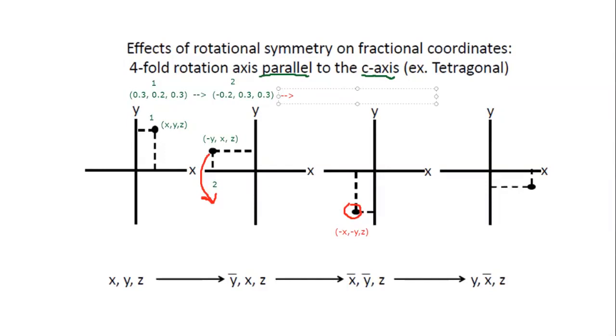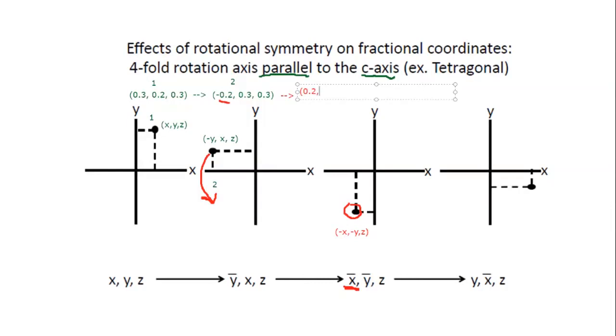Here we take our previous x value, which was negative 0.2, and make it negative, so it becomes 0.2.